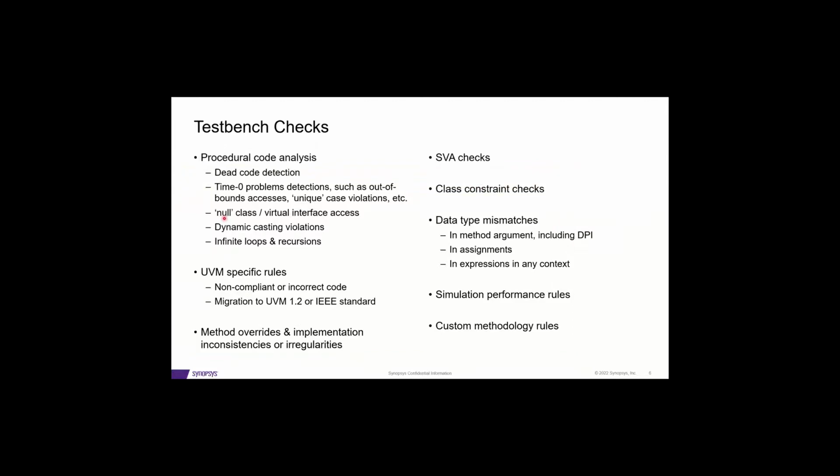So what are the test bench checks that we might like to have in our code editors today? This slide will present some of the important rules that we should be checking while writing our test bench code.